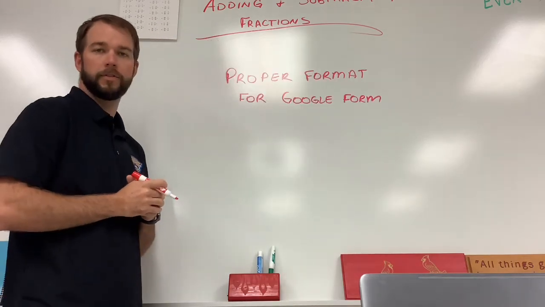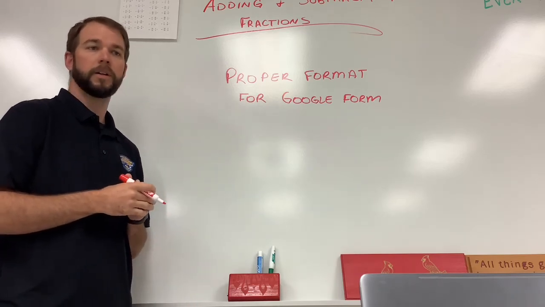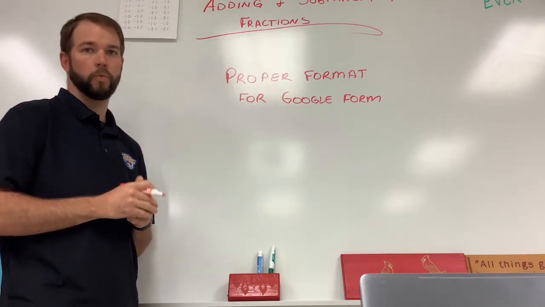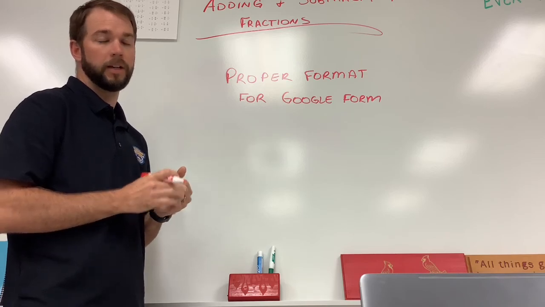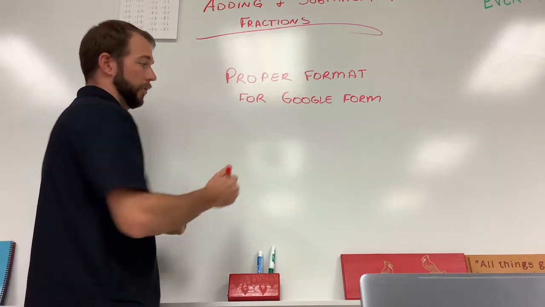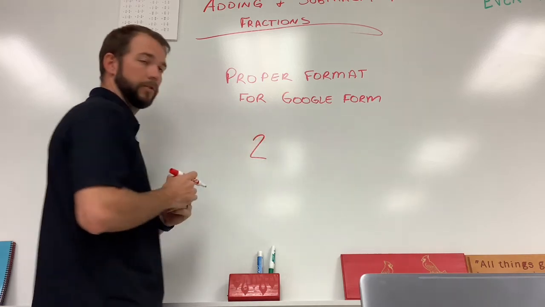So anytime you're going to be typing in a fraction or a measurement into Google Form, you have to use the proper format or it will count it wrong. It's going to automatically grade your assignment and it will count it wrong. So if you have a whole number or a mixed number, you're going to type in the whole number first.